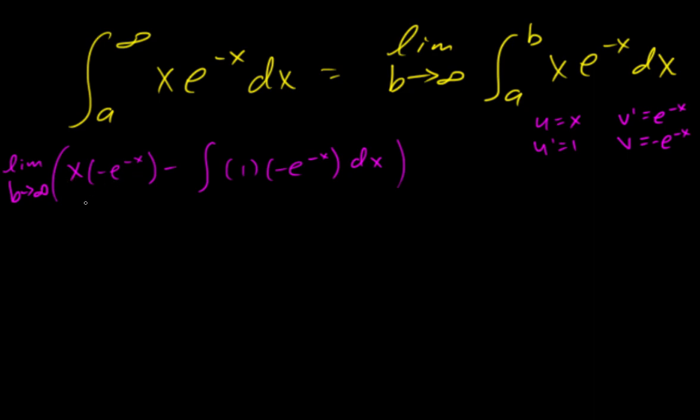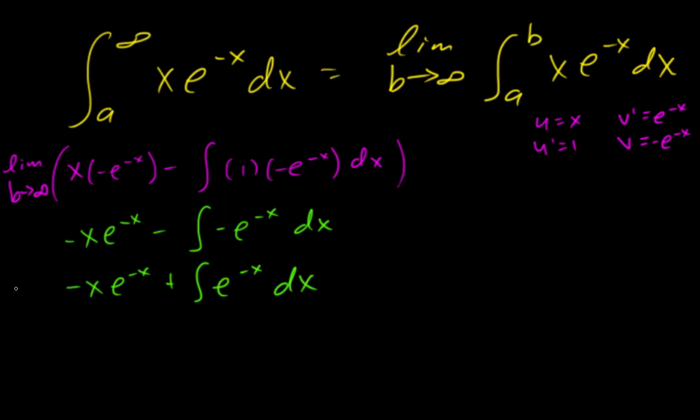Okay, so let's simplify that. Negative x e to the negative x minus negative e to the negative x dx. I'm going to take this negative out, just to make it a little bit easier, this is still the limit as b approaches infinity.